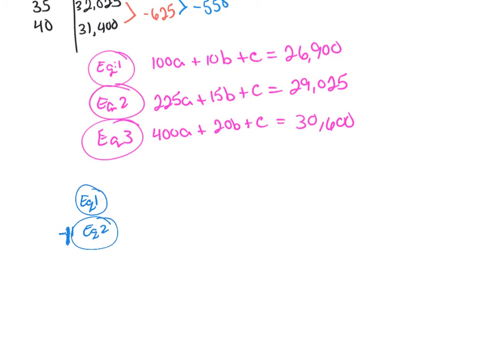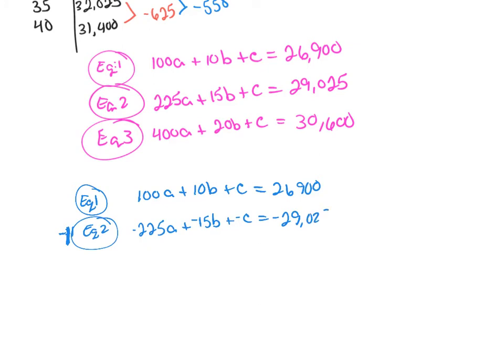So equation 1, I have 100a plus 10b plus c is equal to 26,900. And equation 2, I'm going to multiply by -1. So negative 225a plus negative 15b plus negative c is equal to negative 29,025.